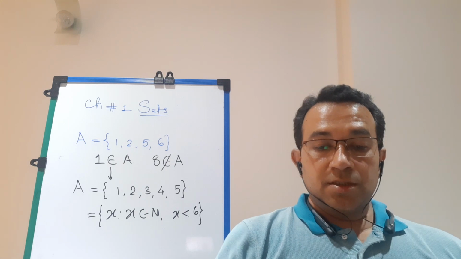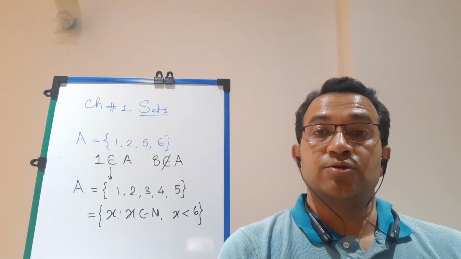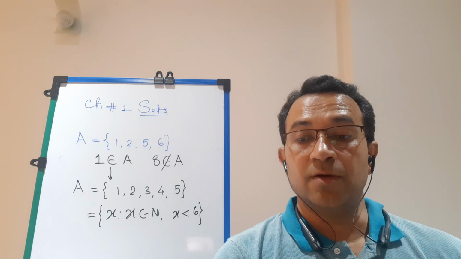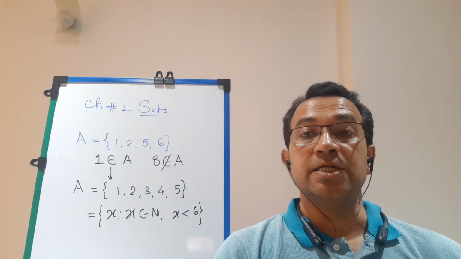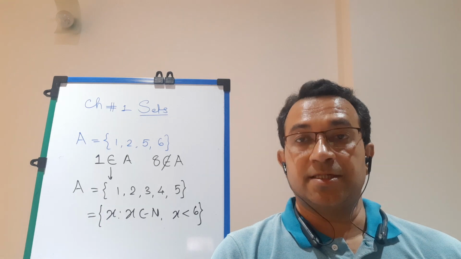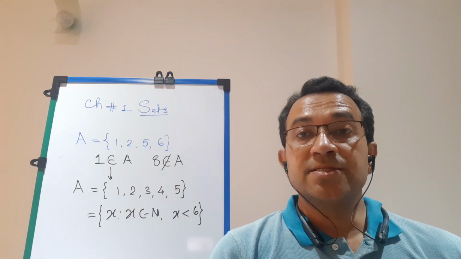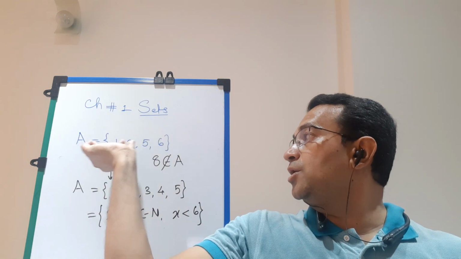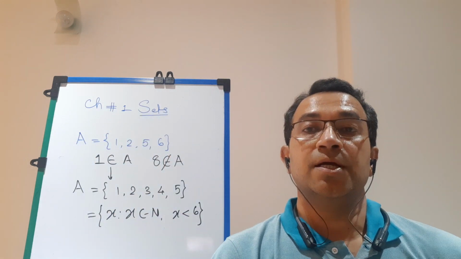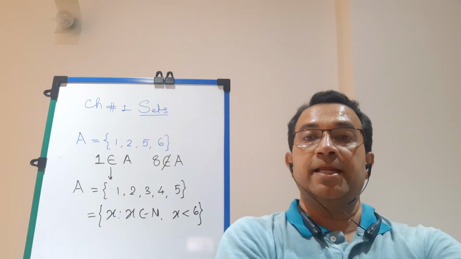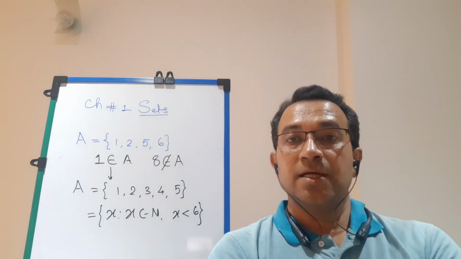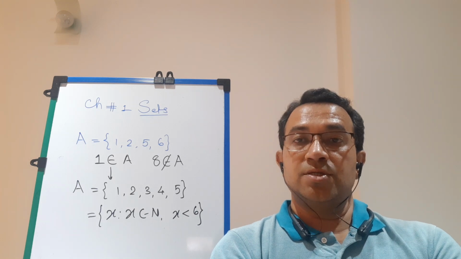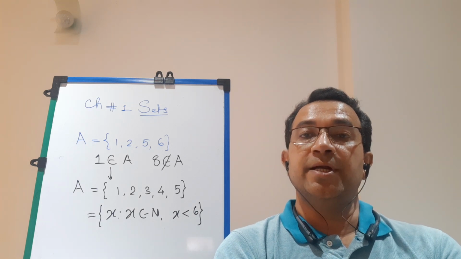Now the next important concept, a very important result: in a set, the elements are never repeated. I can't write here 1, 1, 2, 5, 6. We can never repeat an element in a set.